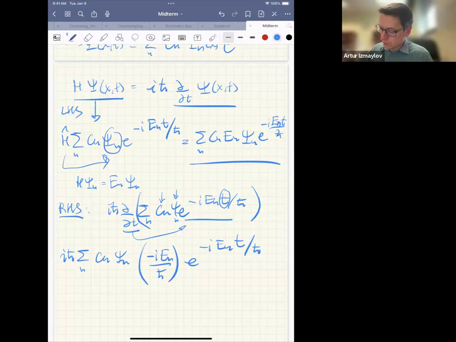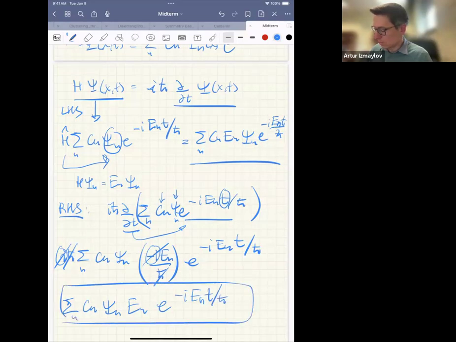Okay, so then we need to do some cancellations. H bar, minus i times i gives you identity, so you can just cross them. And the result will be the sum over Cn psi n En times the exponent of minus i En t divided by h bar.